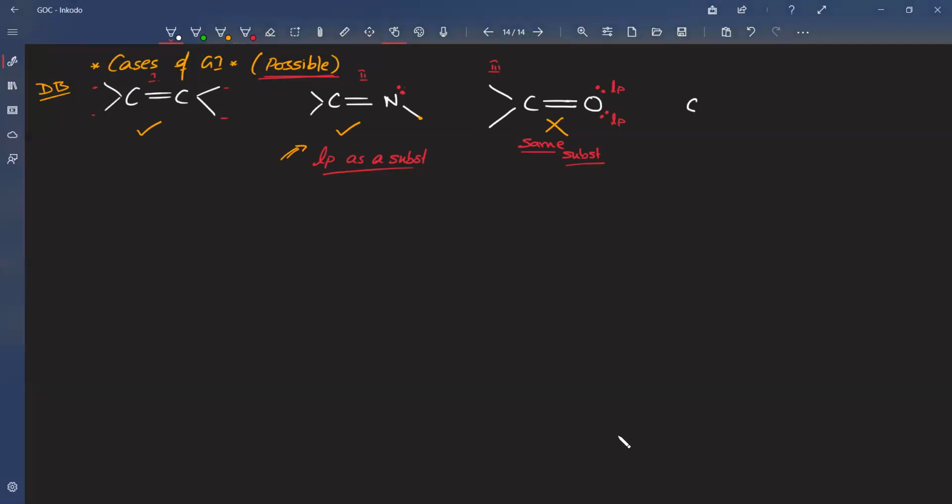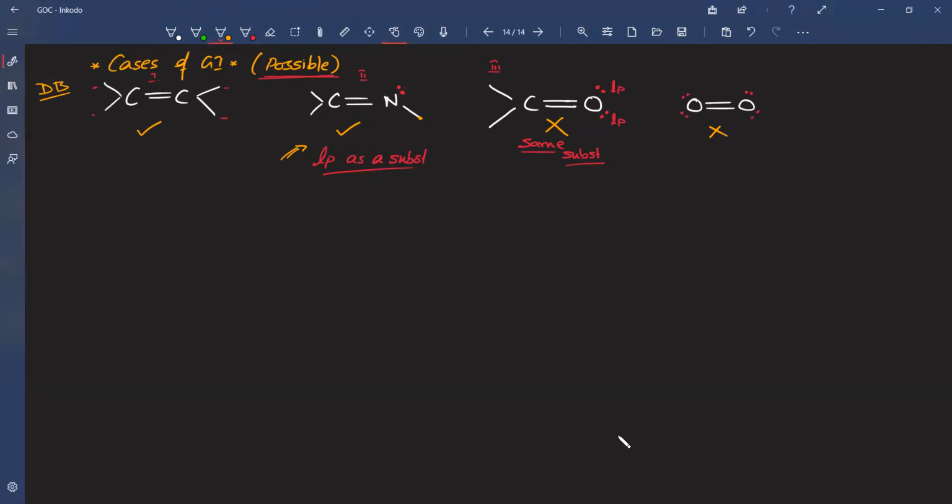So whenever there is a carbon oxygen double bond, oxygen is the culprit because oxygen has two lone pairs, and you don't have different substituents on both sides.